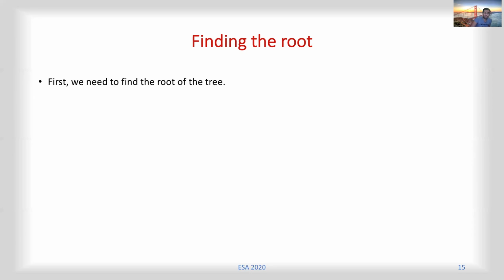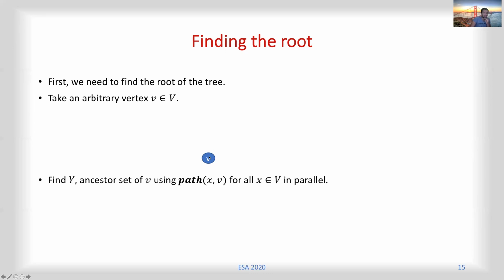So finding the root is not hard, but it requires O of n queries and O of log of n rounds to deterministically find it. The algorithm works like this. We take an arbitrary vertex v, and then we find the ancestor set of v using path queries from x to v for all other x in parallel.